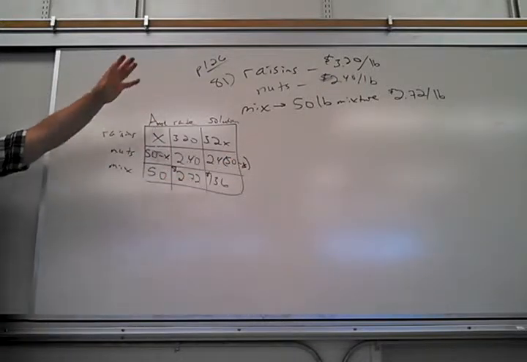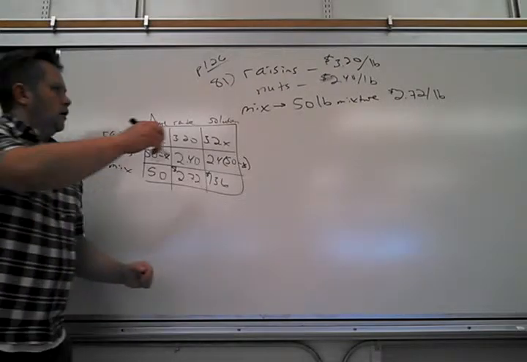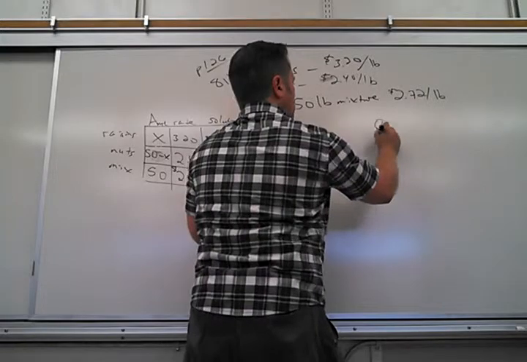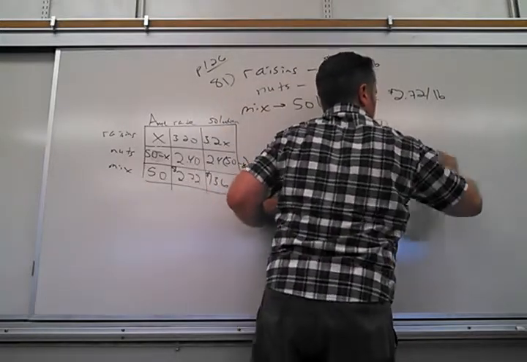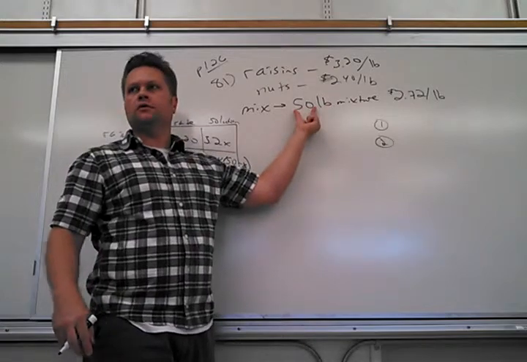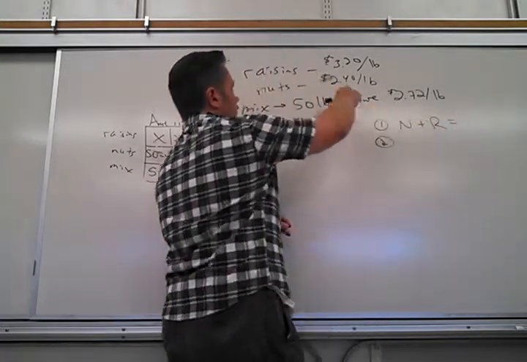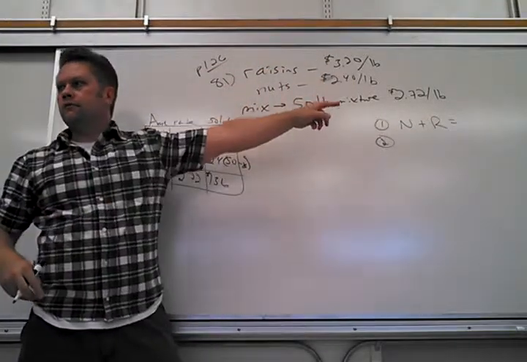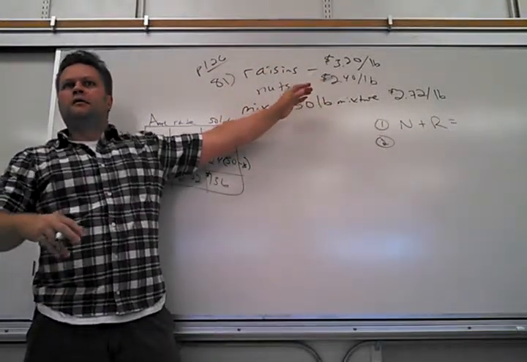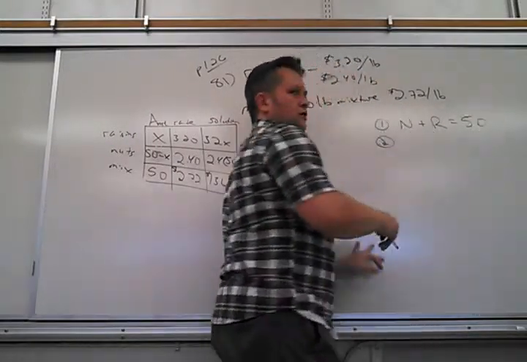Some of you might have just gone directly to a system of equations. With systems of equations you almost always have an easy equation and a harder equation. The easy equation is almost always a total amount, right? You have nuts and raisins. If I add the amount of both, I better get 50. I love it. I ask that question as a check to make sure everybody's with me.